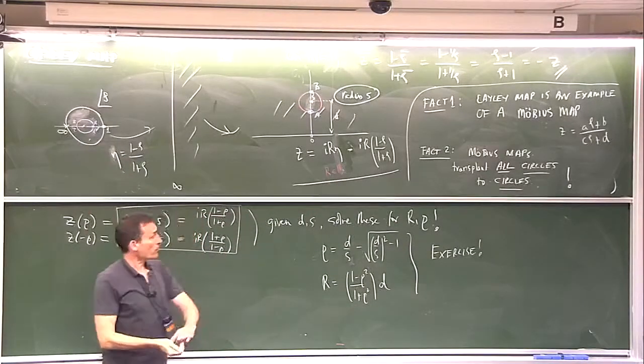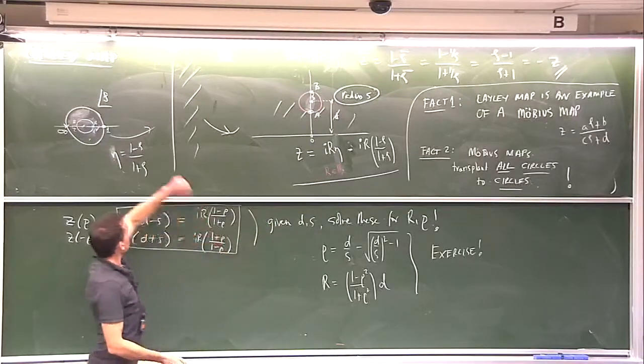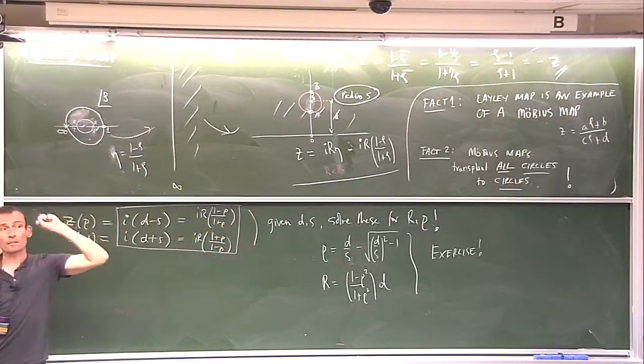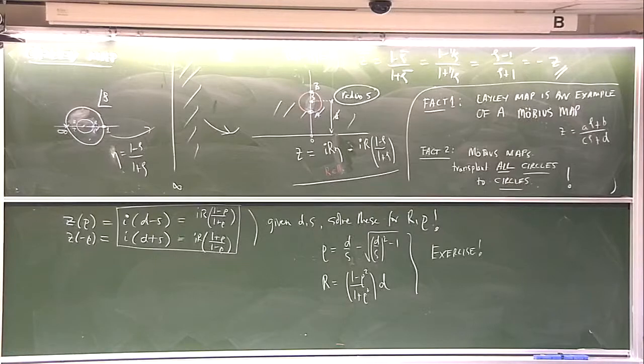And then this mapping takes me from the annulus to my domain D. Now what? Now what should we do?